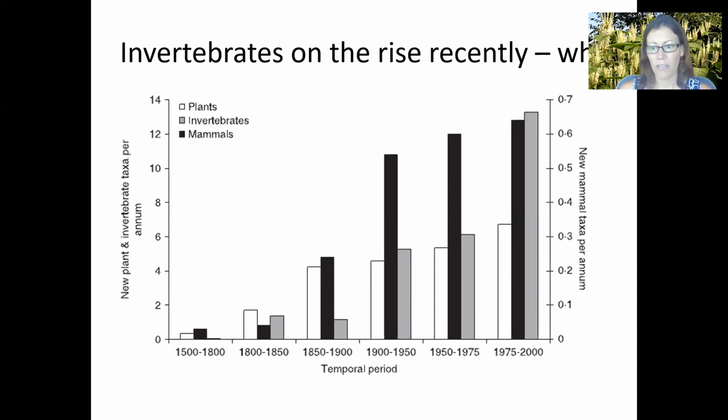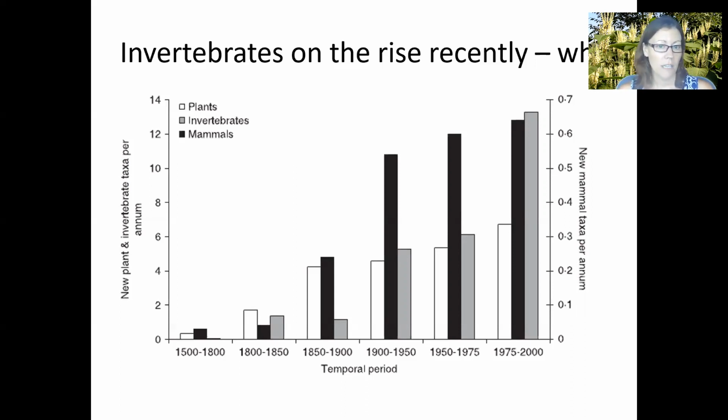So it's a question of, why do we think invertebrates have been on the rise so much more recently? I think the reason behind this is because our mammals and plants mostly have an intentional introduction pathway. So we've been intentionally bringing in animals and plants at an increasing rate over time, but we look out for those and are importing them deliberately.